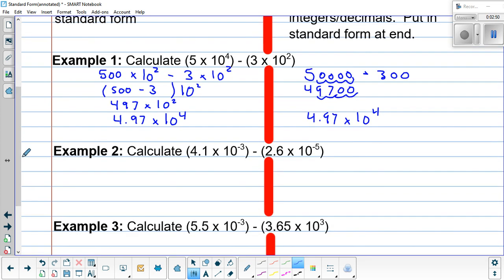Okay. Method 1, I'm going to do on the left hand side this time. So here, let's convert it all. How many times do we have to move it? Sometimes it's better just to write it down, even if it's small. 1, 2, 3. Okay, so it's 0.0041.